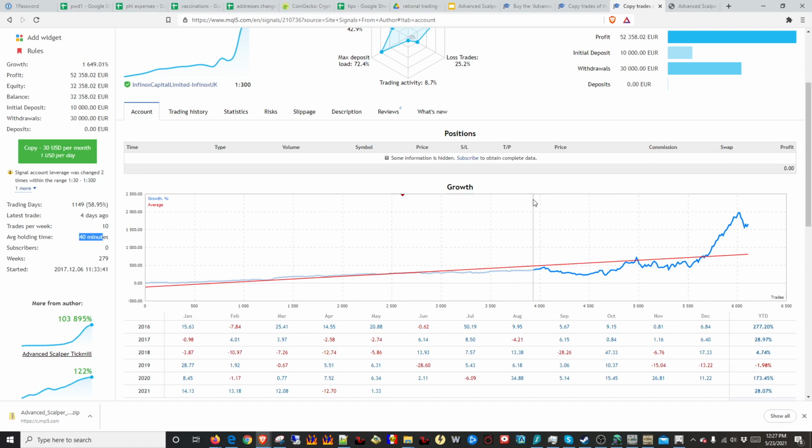He added it to MQL right here around trade 3,900 or so. Previously, it was running on his own account but not linked to mql5. So probably sometime in here, we can say it might have been added to mql5 sometime in 2019 or maybe even 2020.